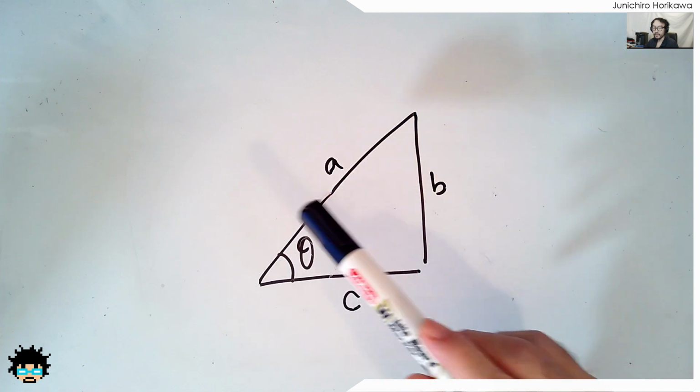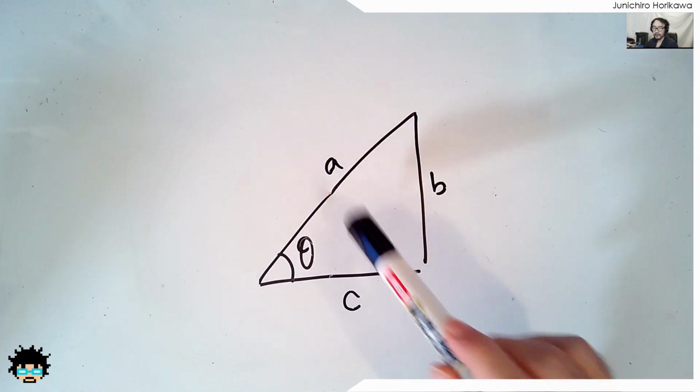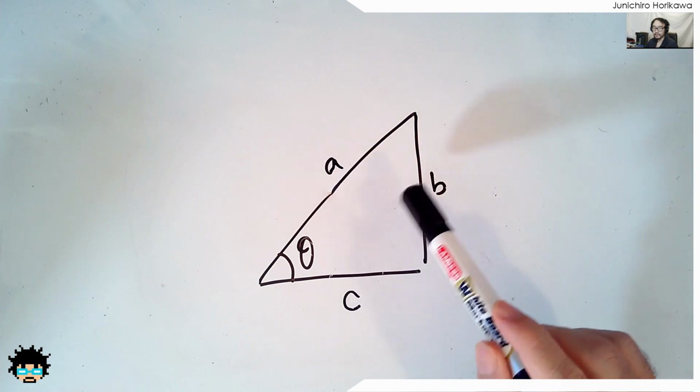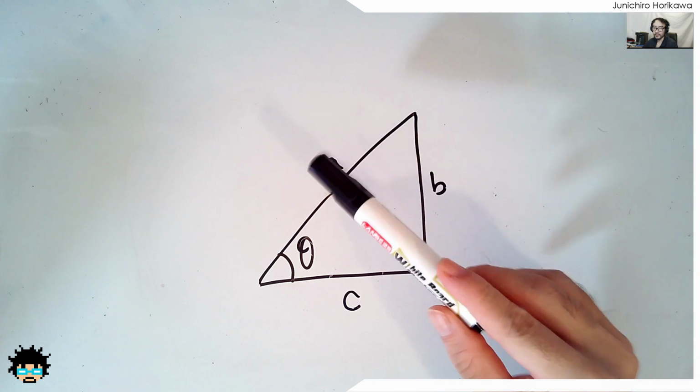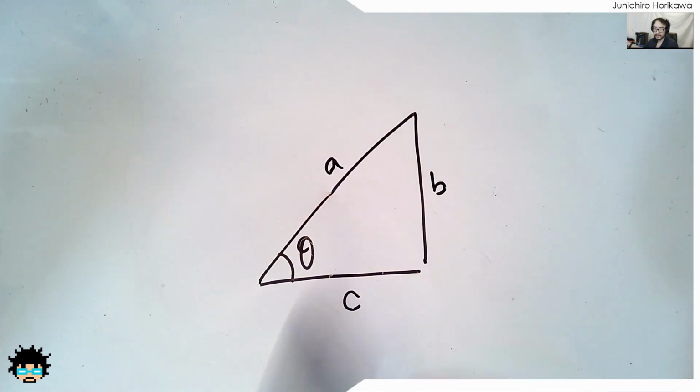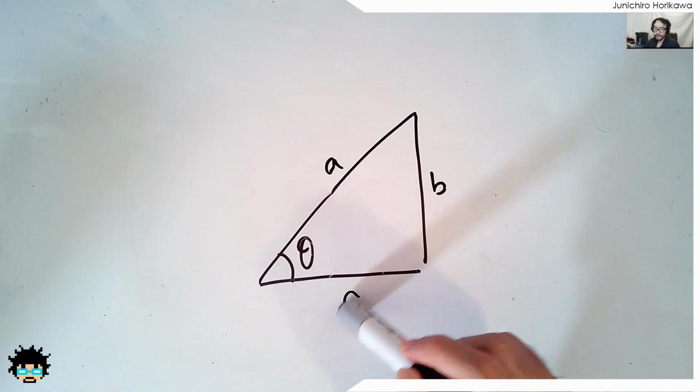If you know the angle and some other edge lengths, then you'll be able to get the leftover edge lengths from this information. So by using it, you'll be able to estimate the shape of the triangle from a limited amount of information.